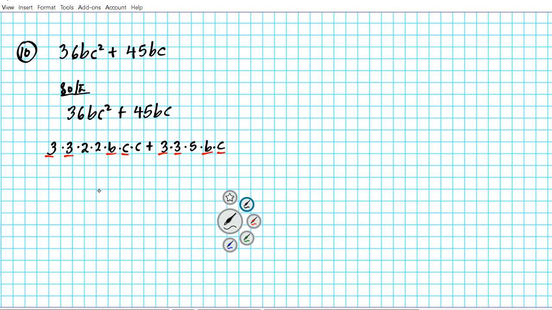The GCF is 3 times 3 times b times c, and we're left with 2 times 2 times c, there's a c there, plus 5.